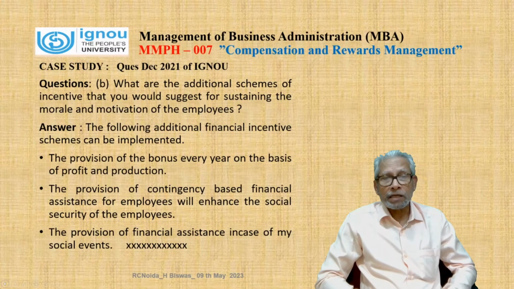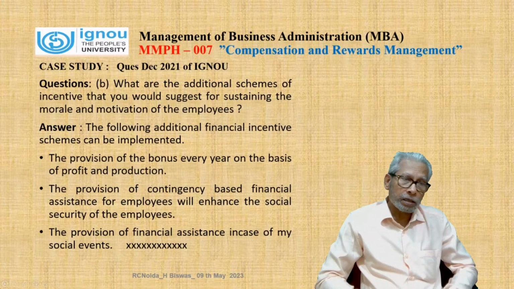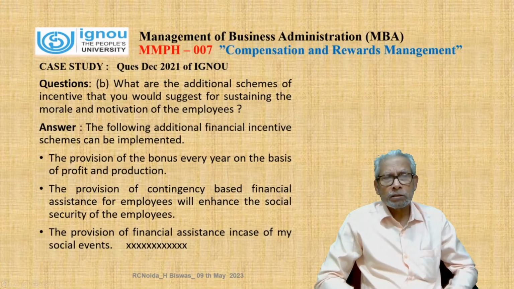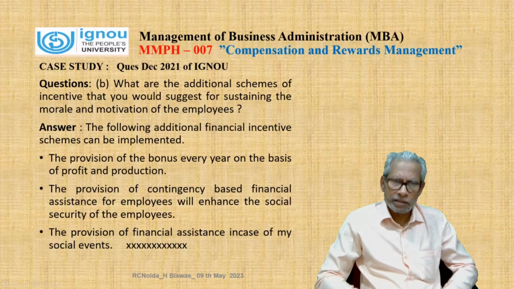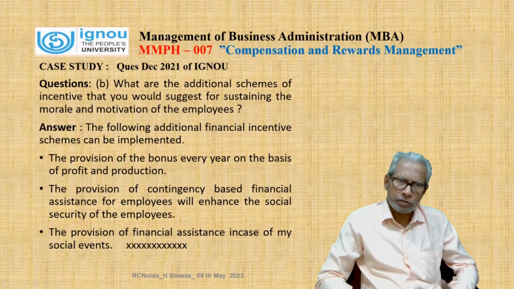And the provision of financial assistance in case of any social events. For any social event, this type of financial assistance should be given. For example, an employee's daughter's marriage. So employers should give some lump sum amount for these marriages.